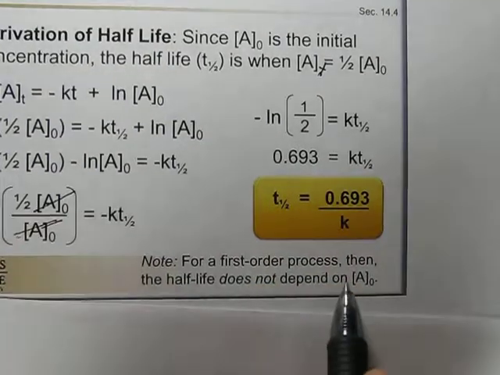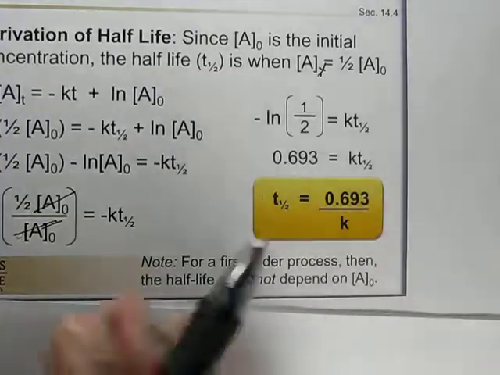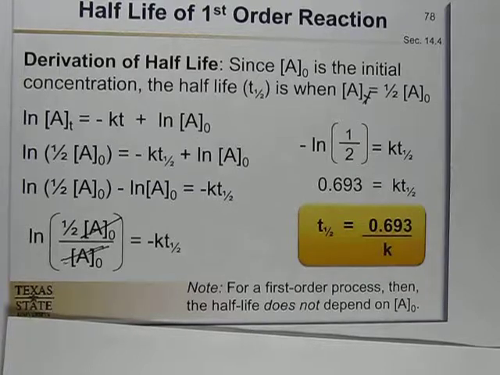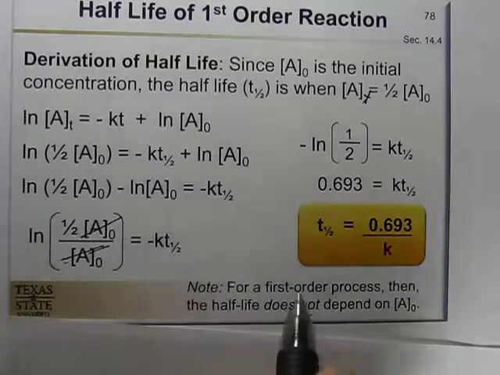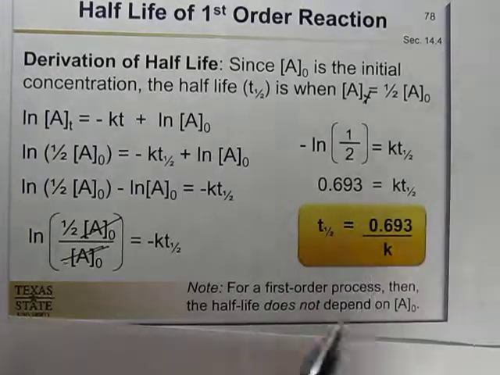For a first order process, the half-life does not depend on the initial concentration. Whatever the initial concentration is, the half-life doesn't change. If you have 1 gram, after the first half-life it will become 0.5 gram. If you have 1 kilo of initial reactant, after the first half-life the reactant will become half a kilo.